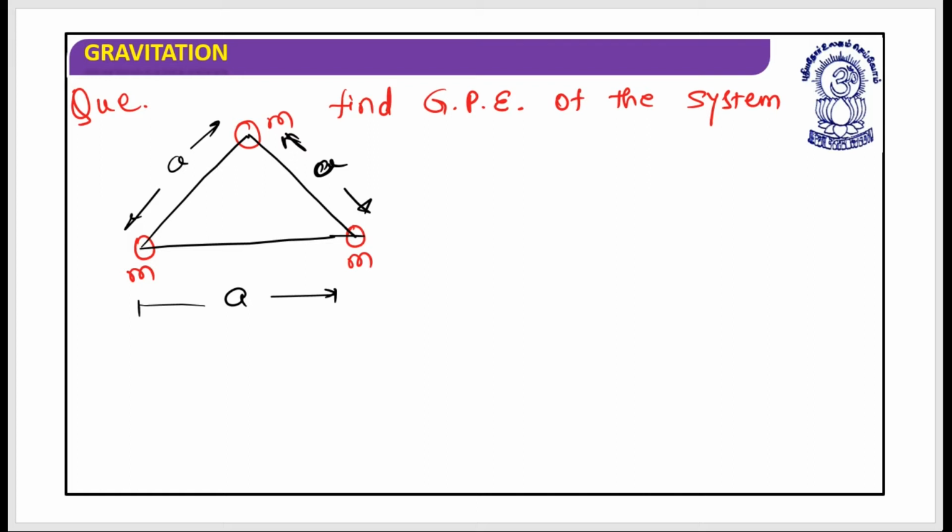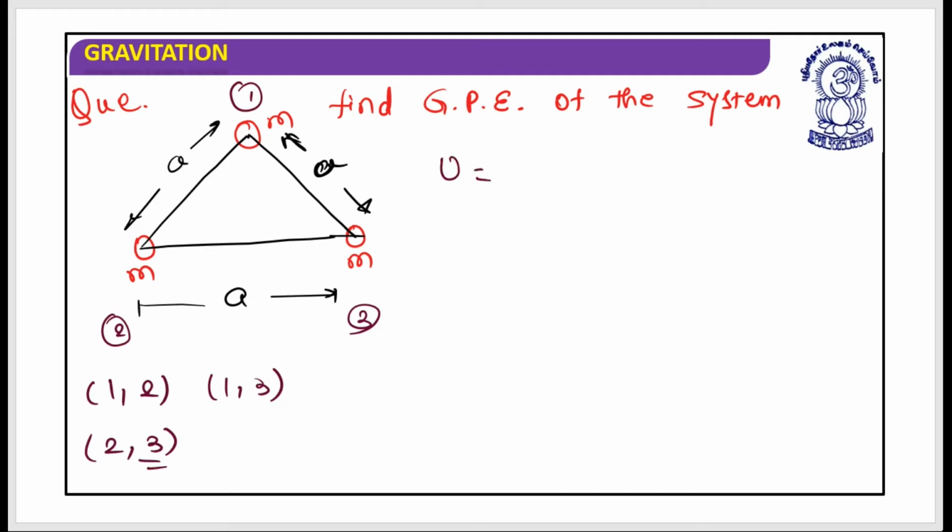So let's give them numbers: 1, 2, 3. Now it's a mechanical process. First task, give them numbers. Second task, write down their pairs: 1 comma 2, 1 comma 3, and 2 comma 3. Now write down the potential energy.